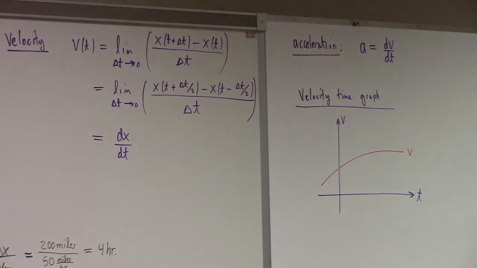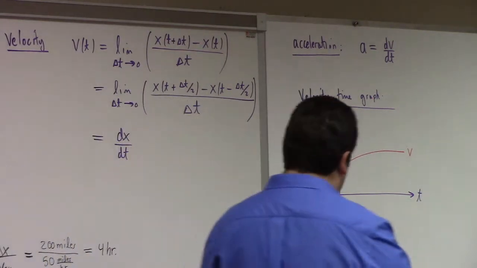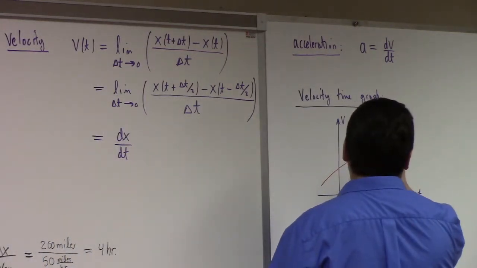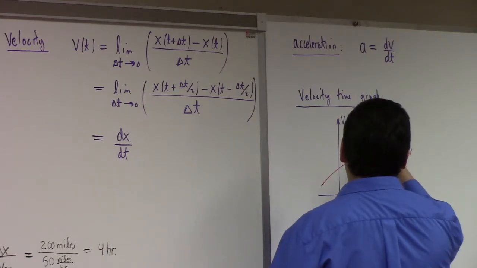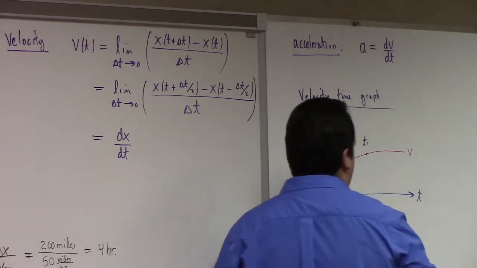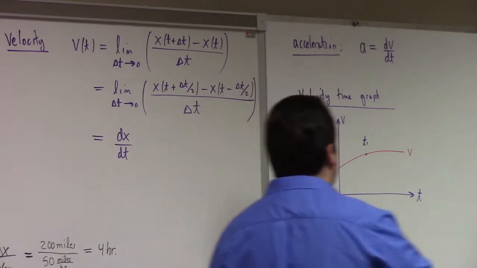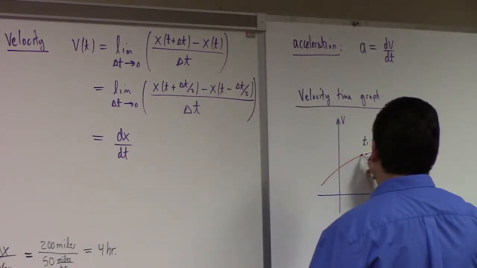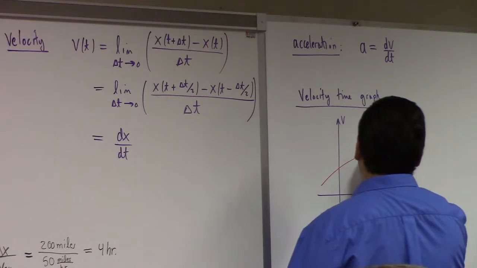So let's pick at two things. First of all, suppose I pick this time, say t1, and I look at the tangent line for this graph, right? What's the slope of this tangent line?